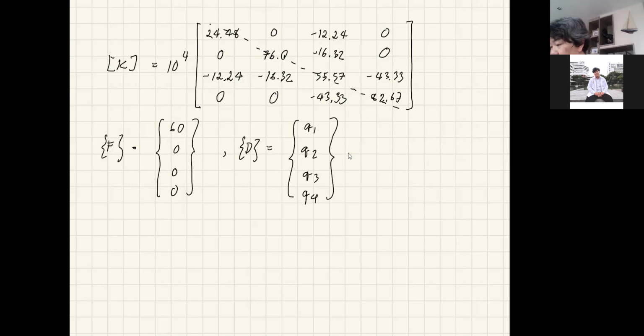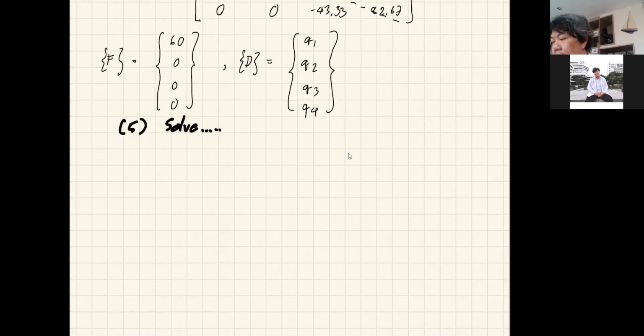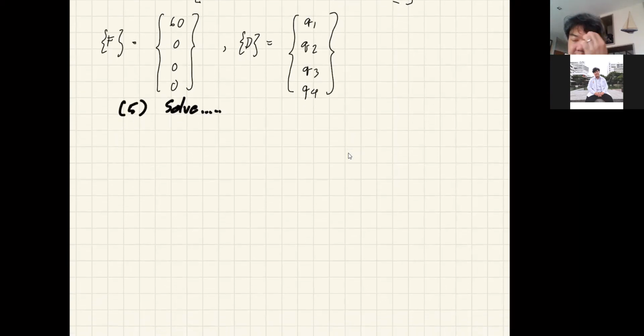So in comes step number 5, which is to solve this. And it becomes a mathematical problem now. I have never asked students to solve the matrices in the exam in the past decade, because after all, we are trying to focus on engineering stuff, and anything that concerns mathematics should be measured by your mathematics class.